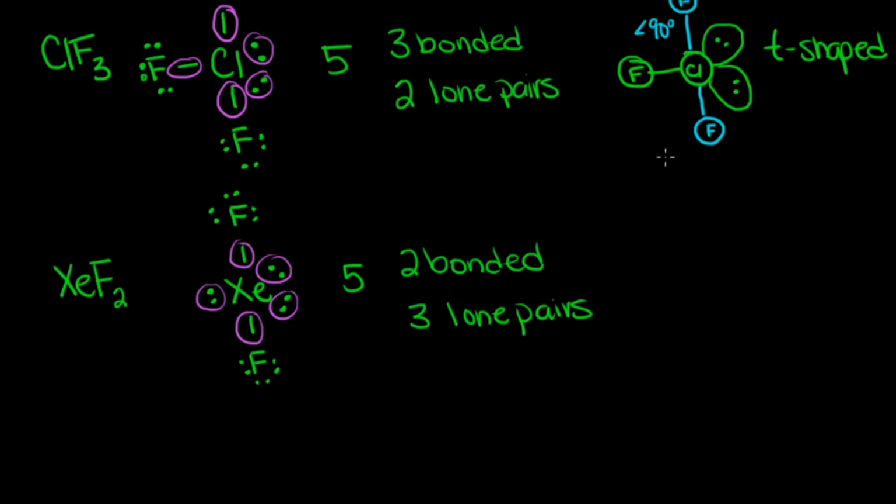So when all 3 of these lone pairs are now on that equatorial plane, it's going to push those axials straight into a 180-degree bond angle. So they're just going to be straight up and down or straight side to side, however you feel like drawing it. There's your xenon. And here are your axial fluorines.